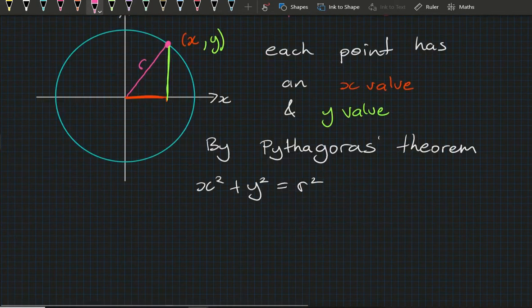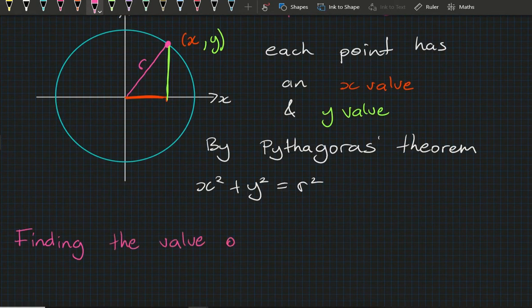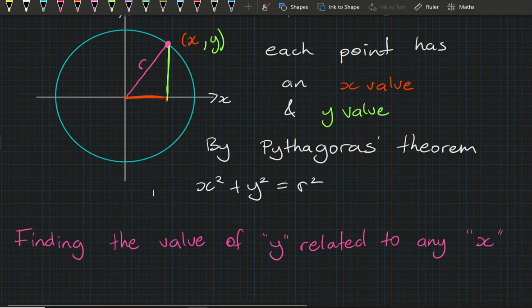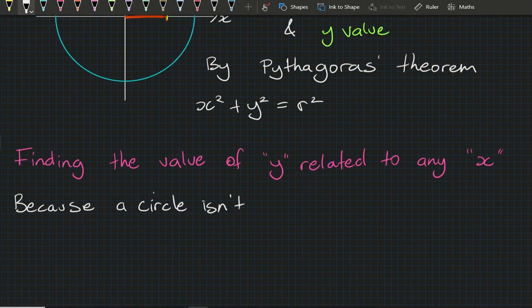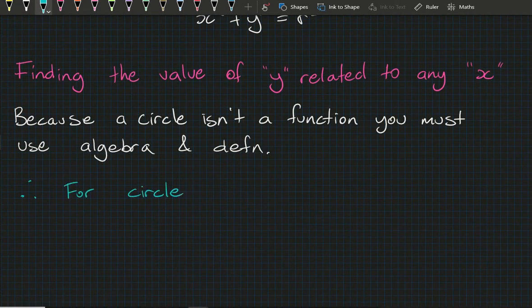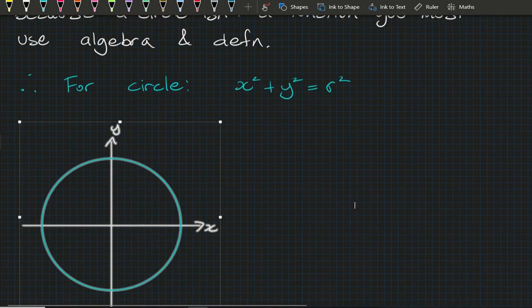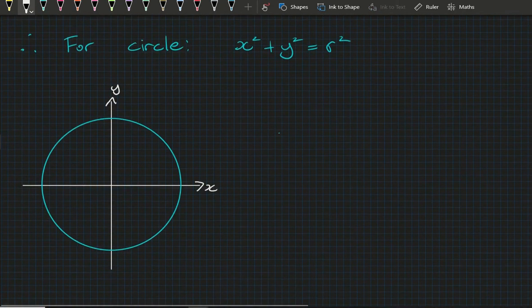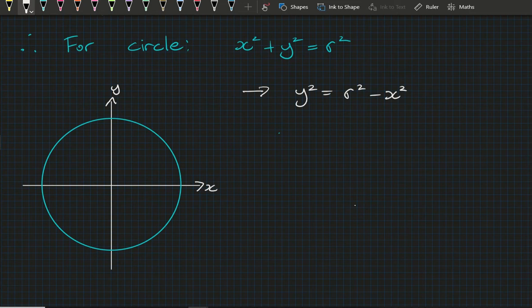And when we're trying to find the value of y related to any of the x values, we need to remember that because a circle isn't a function, you must use the algebra and definitions. So for the circle x squared plus y squared equals r squared, we could rearrange that equation by subtracting x squared from both sides.